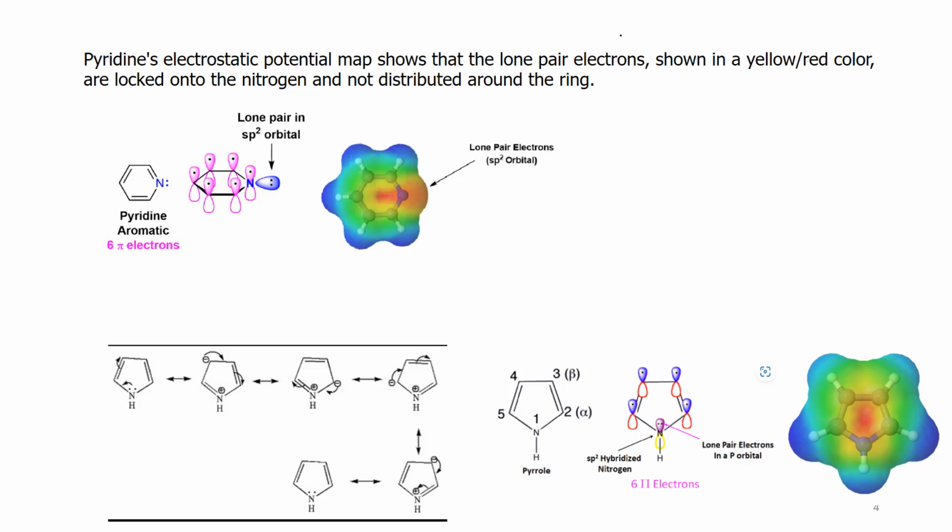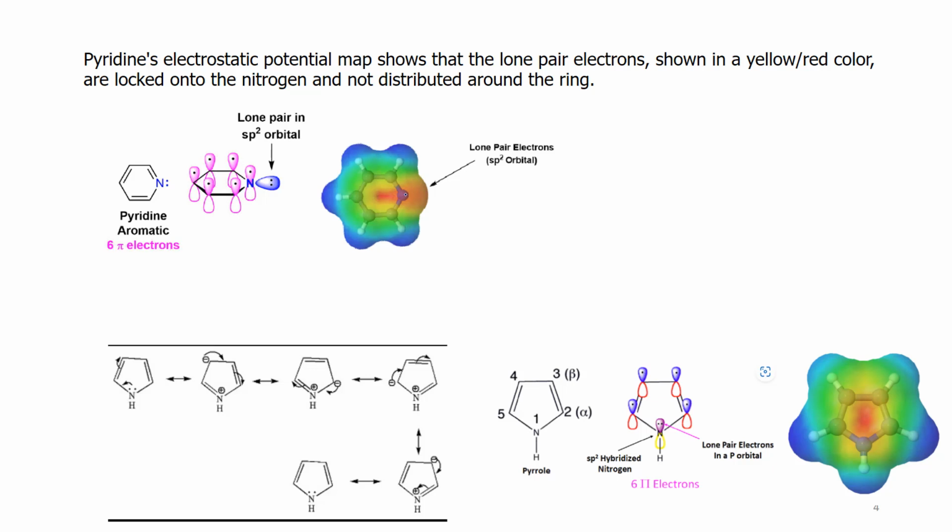In an electrostatic potential map, when scientists check the electron density around this pyridine system, they see that there is a yellow or red colored region that is locked in. All these different colors are delocalized over all the carbons, but this one color is localized to this center.